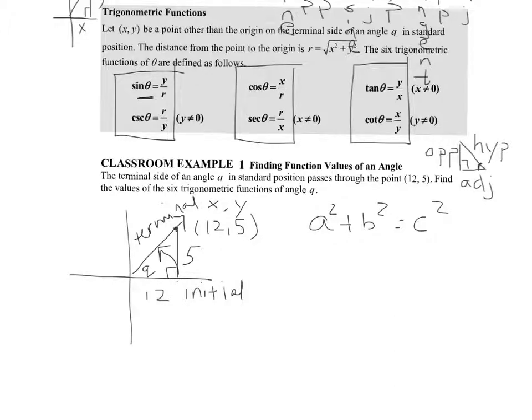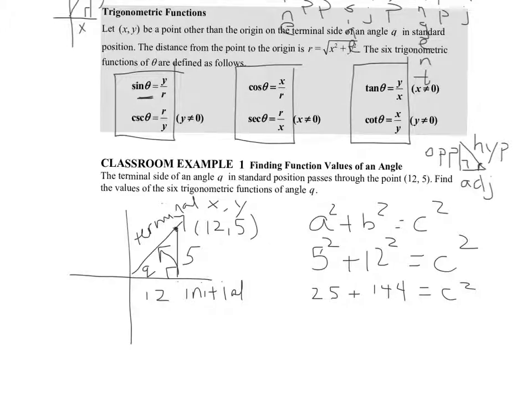So if I took 5 and I square that, add 12 and I square that, that's going to be my hypotenuse squared. Remember in Pythagorean theorem, c is always the length of the hypotenuse. All right, 5 squared is 25. How much is 12 squared? 144. That's equal to c squared.